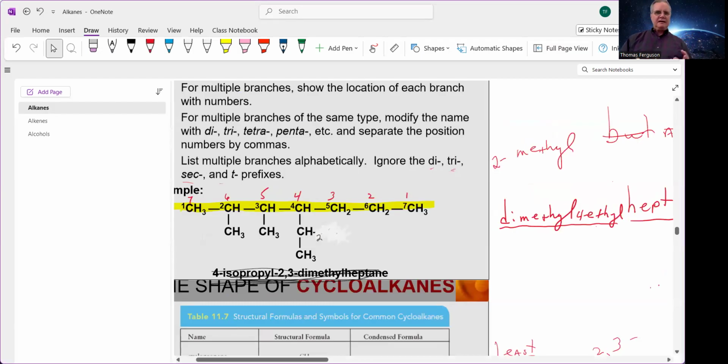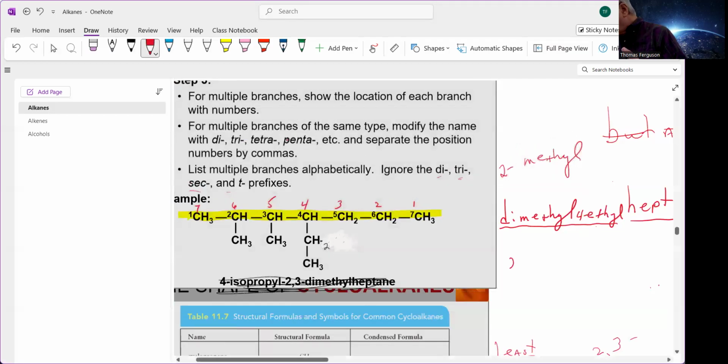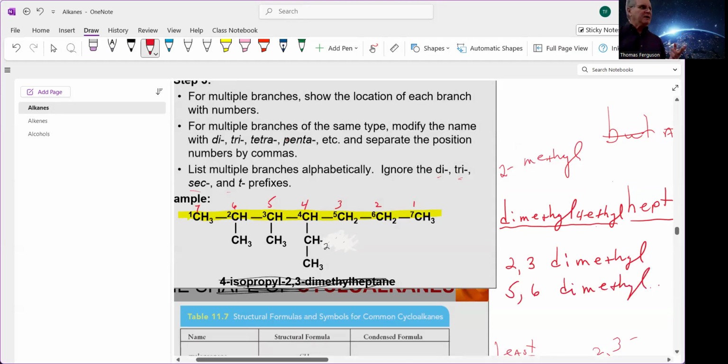We could either say 2,3-dimethyl using the black numbering, or 5,6-dimethyl.